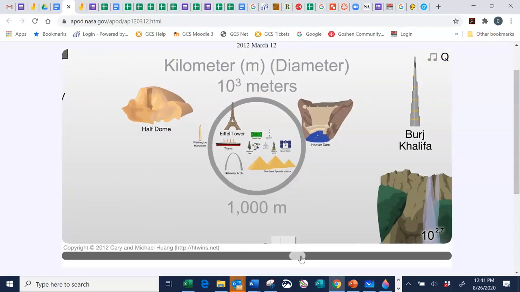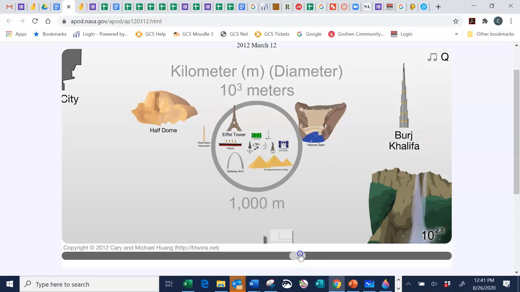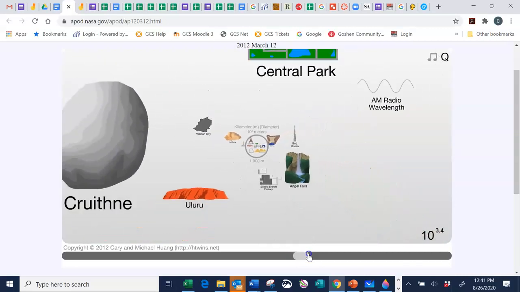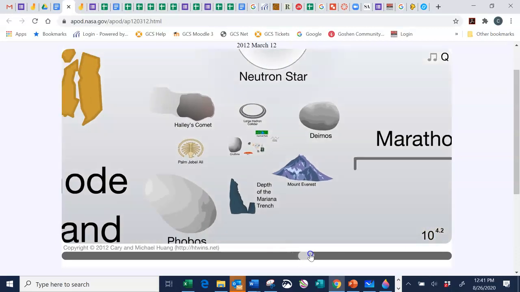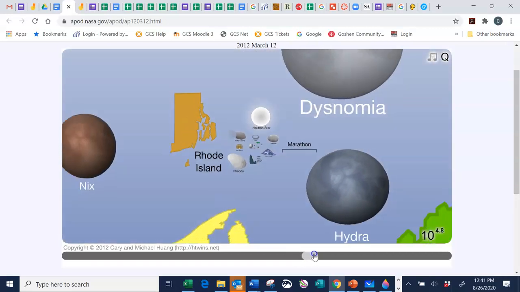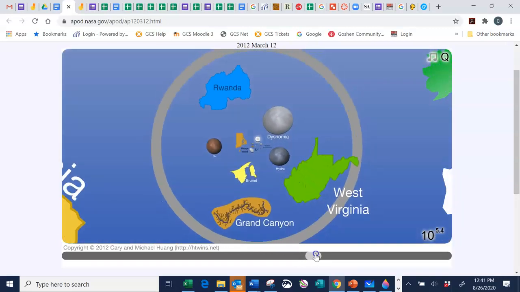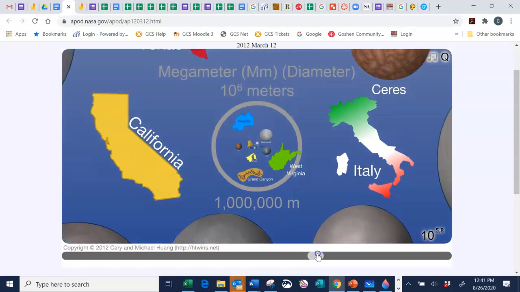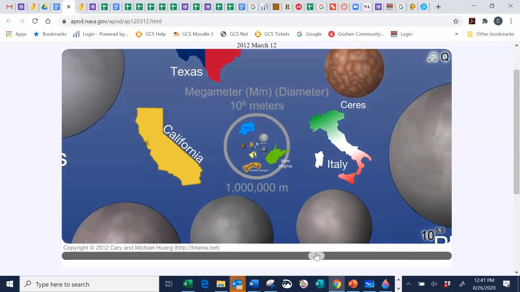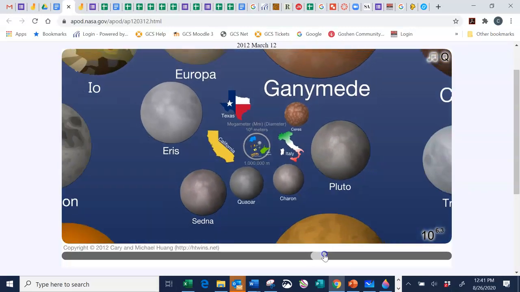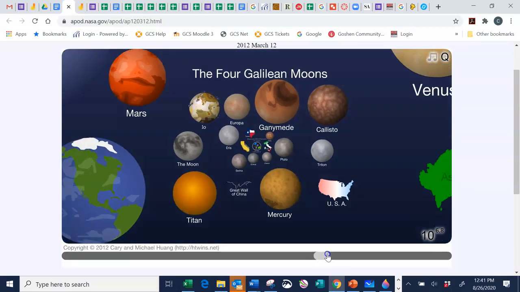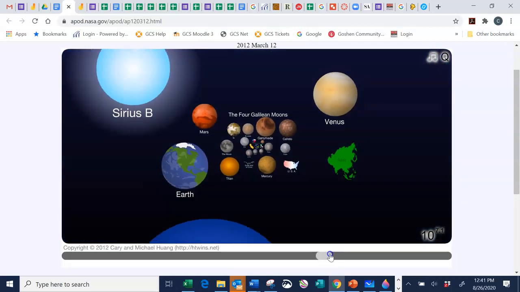At this point, we're at a kilometer, 10 to the third, or 1,000 meters. Starting to see states. Now we're at 10 to the 6 meters. Starting to see moons and planets.